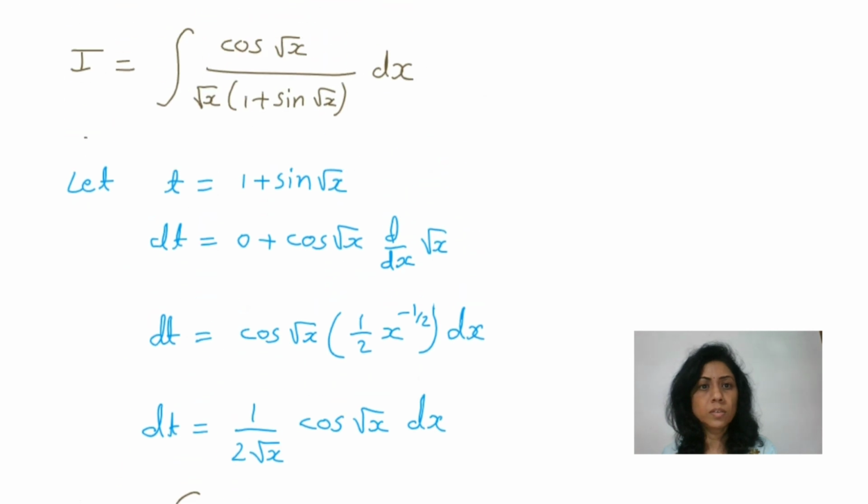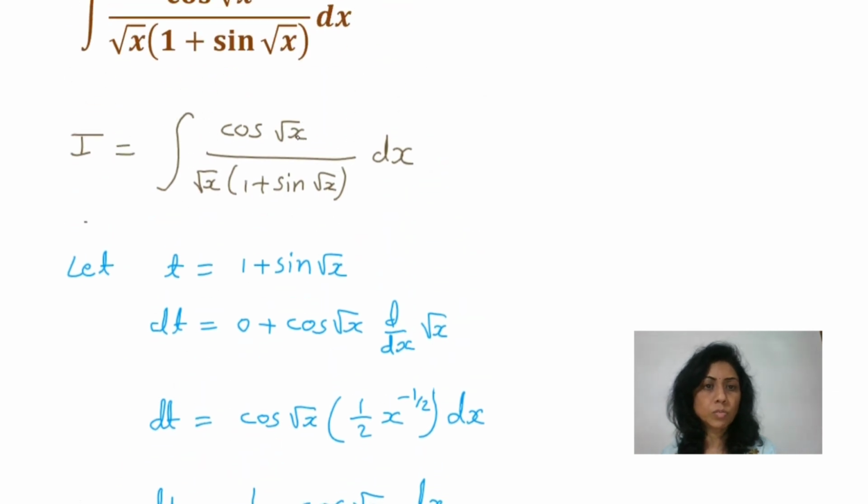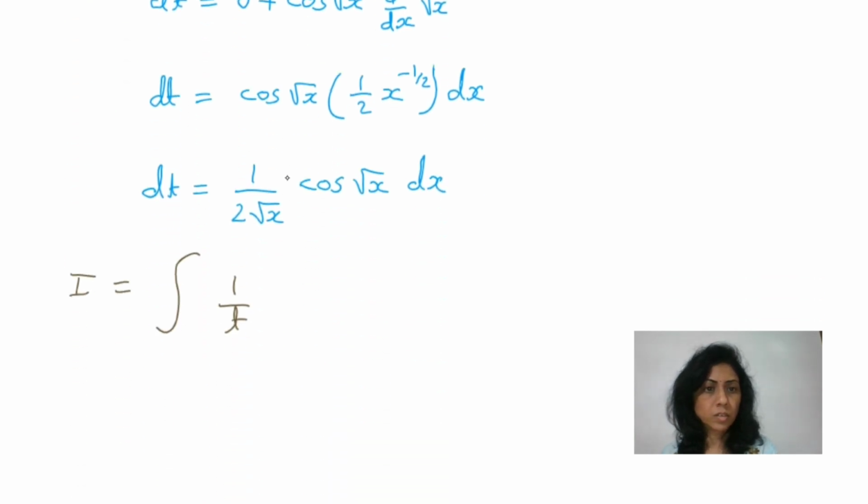And here this value is cos square root x upon square root x dx. So this one is dt by 2, so we get 2 on this side, which means 2 dt.